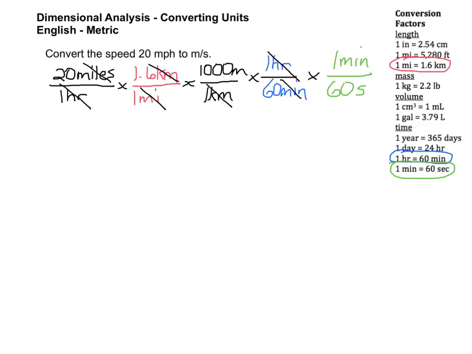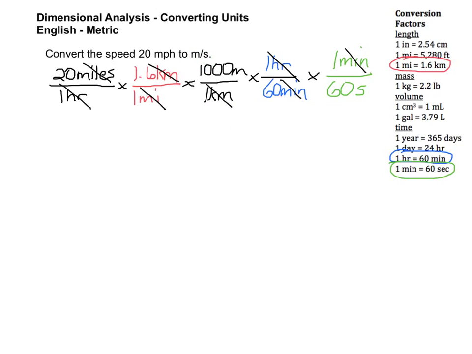And now minutes will cancel. So looking at the units that we have left, the only unit in the numerator we have is meters, and the only unit in the denominator that we have is seconds. So that was the unit that we're looking for.